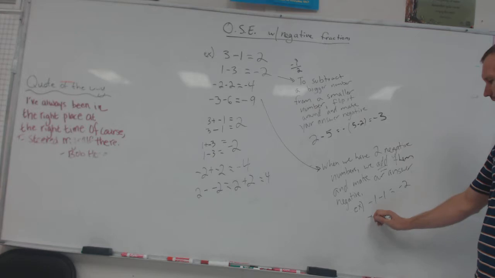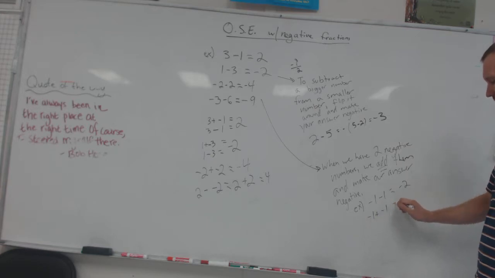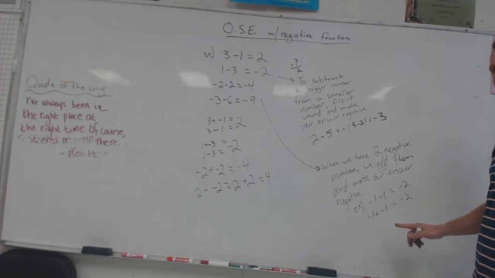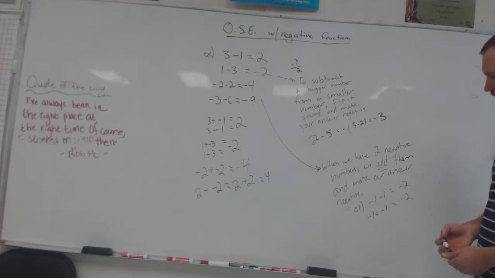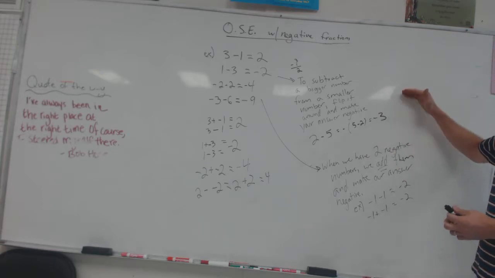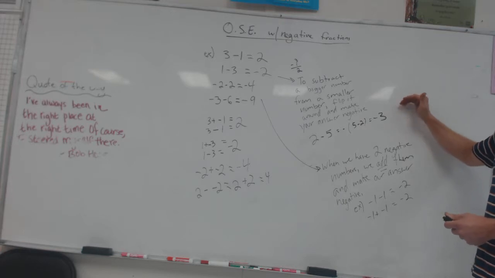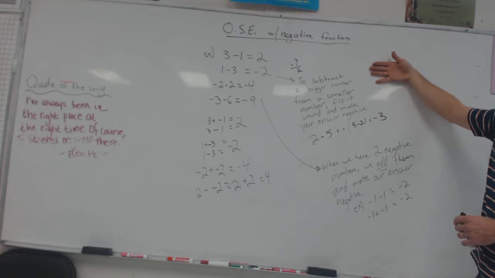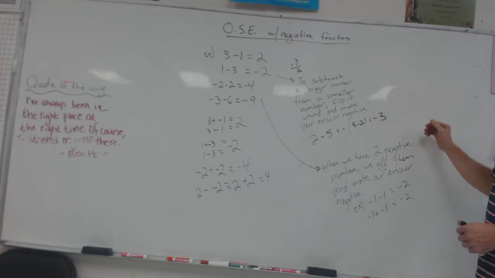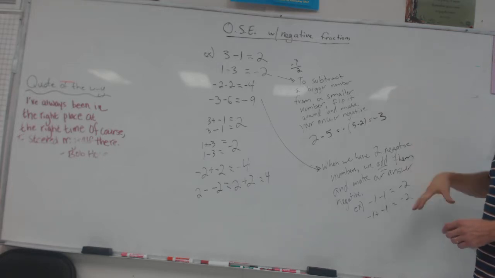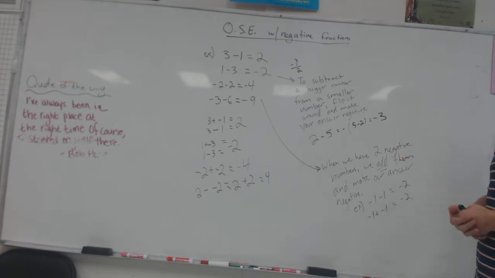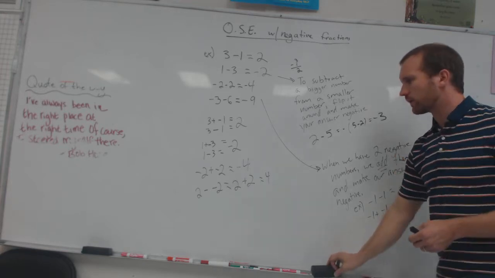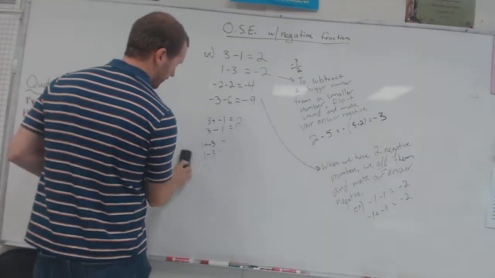Or it could look like this, negative 1 plus negative 1. These are the same thing. So these are the two rules that are going to be really important. Subtracting a bigger number from a smaller number, we flip it, and we make our answer negative. If we're subtracting two negative numbers, we add them and make our answer negative. All right?